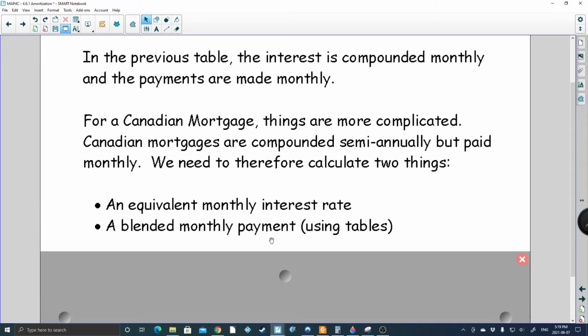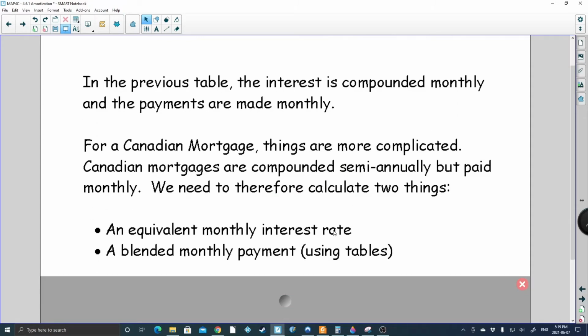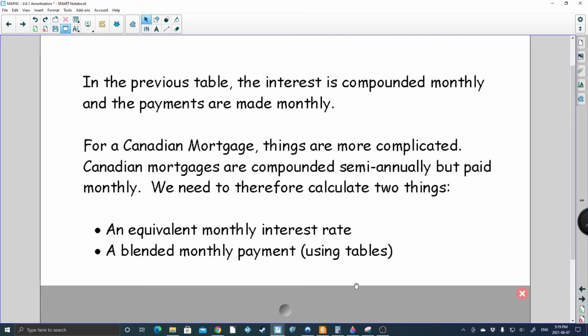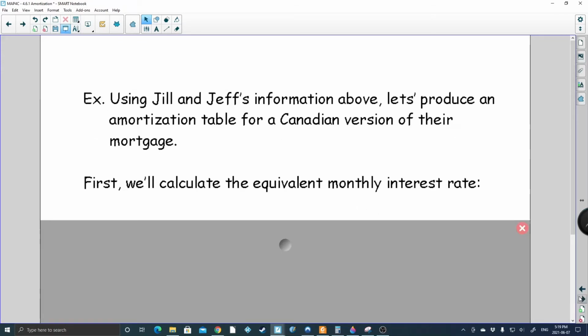And I'm also going to show you how that quantity that's the same all the way through the table, the monthly payment, is calculated as well. So the equivalent monthly interest rate is a way to make the math think that we're compounding monthly and paid monthly so that the math actually does what a Canadian mortgage does, okay?